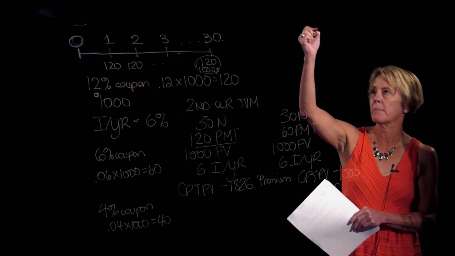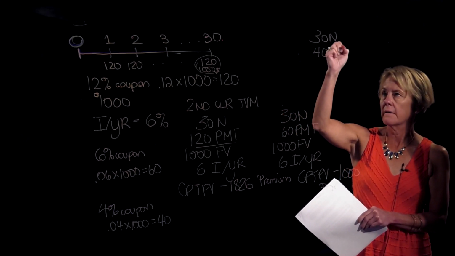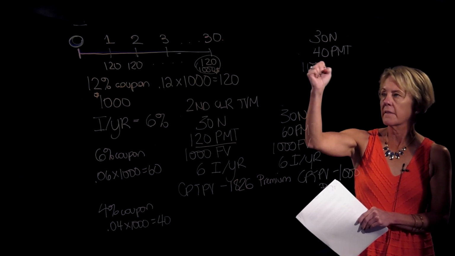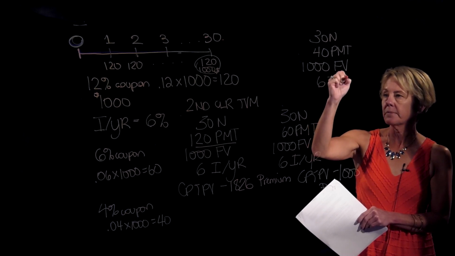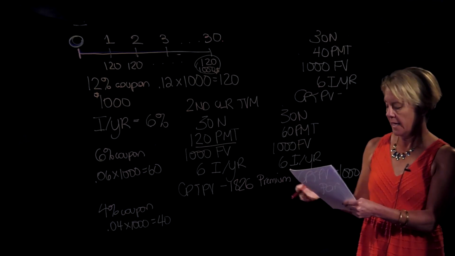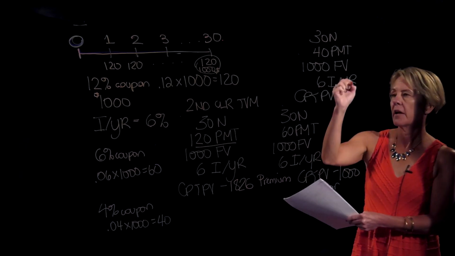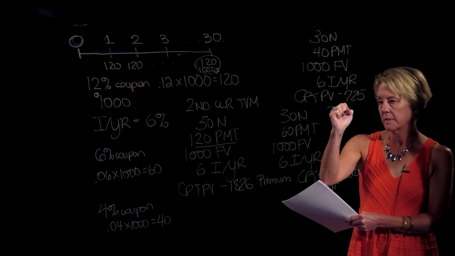So I'll just put it up here, 30 for N, 40 for the payment, 1,000 for par value, 6 for the yield, and when I compute the present value, I get $725. This is a discount bond.